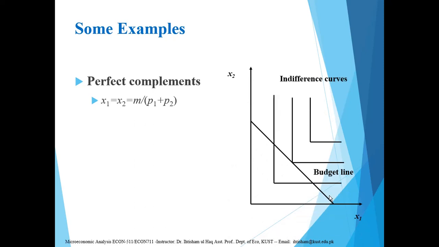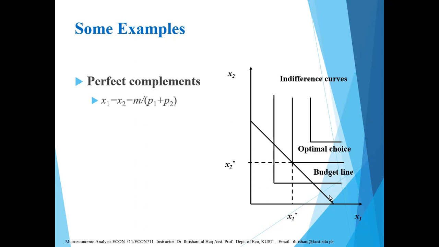This is the budget line, and in case of perfect complements, the indifference curve is L-shaped. So the optimal choice is taking place where this L-shaped indifference curve is touching the budget line.